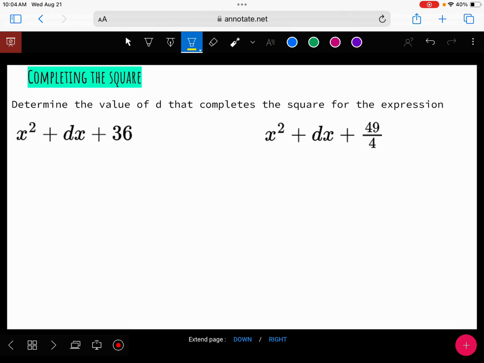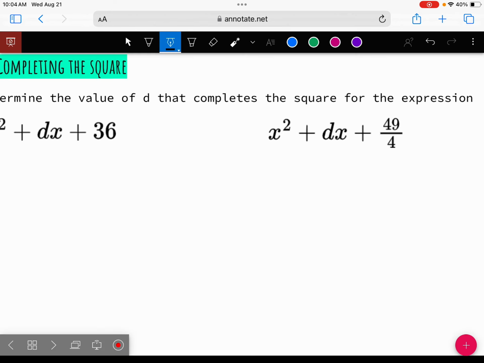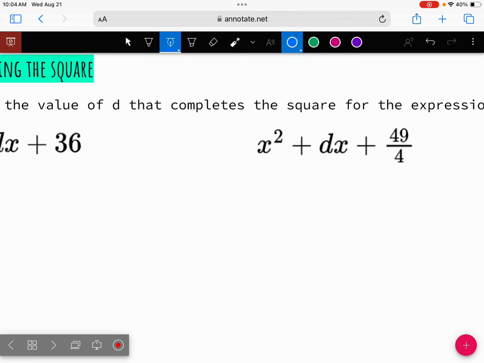So we're going to use that same kind of expression that we did to find our C. It was our B value divided by 2, squared, that made our C value, right? That's the formula we were using.